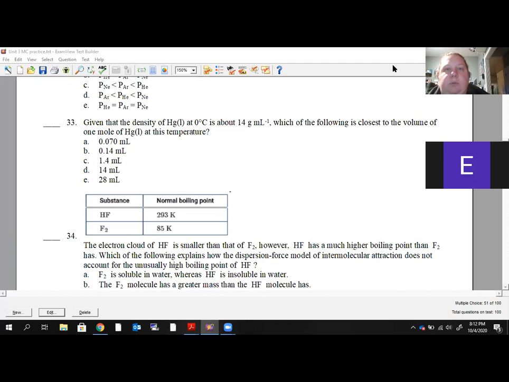So 14 grams per milliliter mercury. If I have 1 mole of mercury, this is just doing some stoichiometry or converting, I guess.